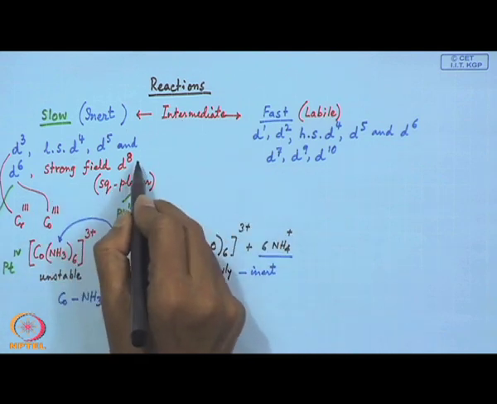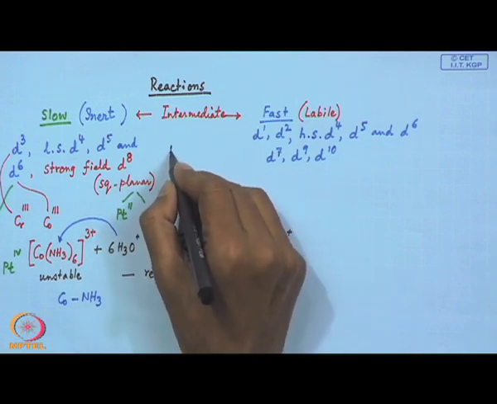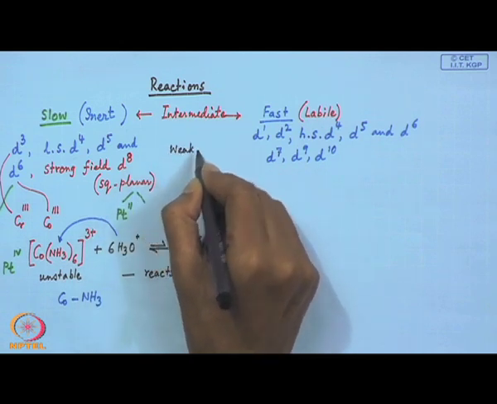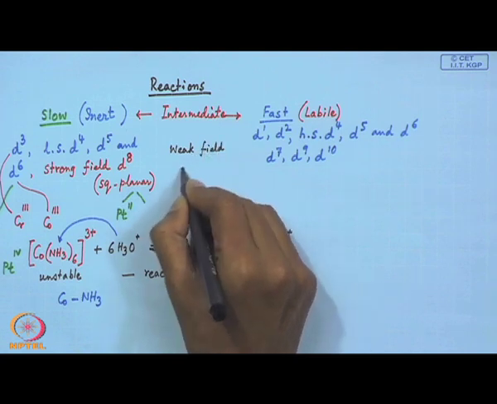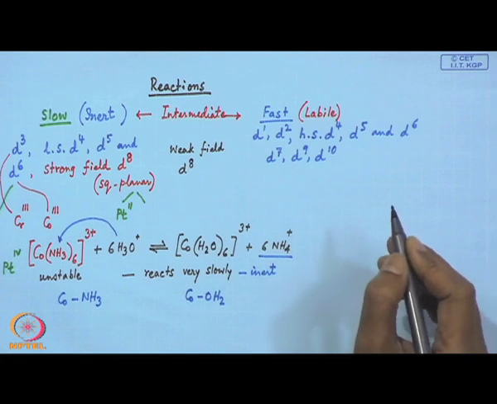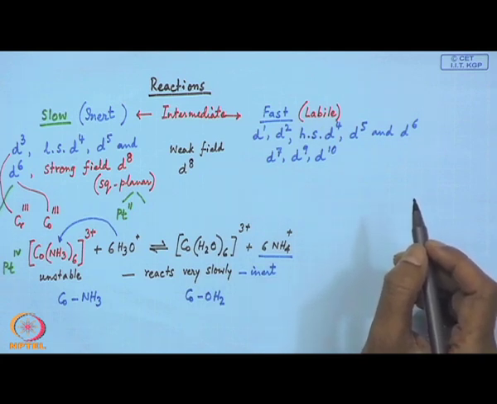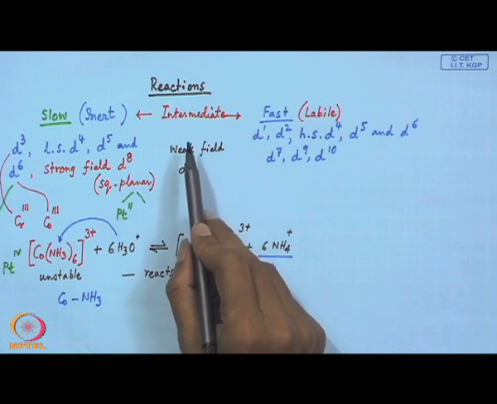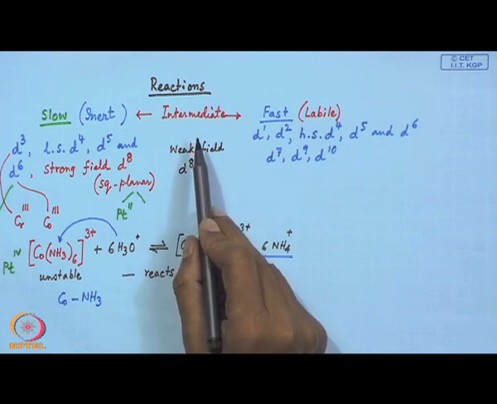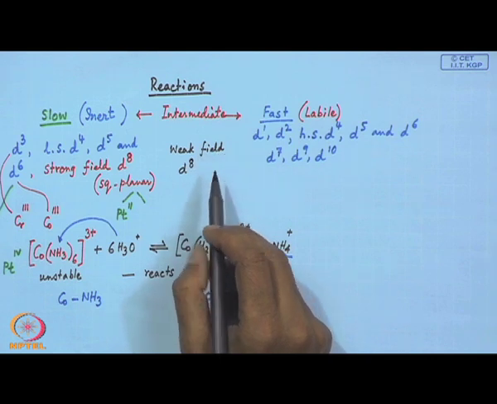Already we have considered the strong field D8 system, but in this case we have the weak field D8 system such as nickel 2 plus. Nickel 2 plus in tetrahedral geometry is a weak field D8 system, and that gives rise to an intermediate reaction rate for its ligand substitution reactions.